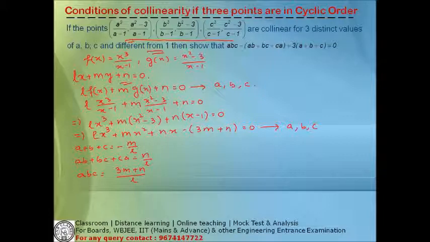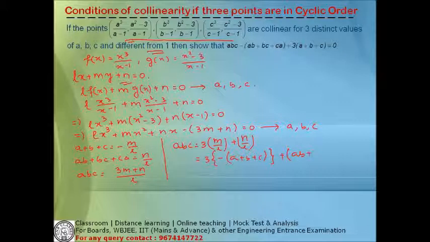Now from the last one we are getting abc is 3 times m by l plus n by l. So in place of m by l we can write minus (a plus b plus c), and in place of n by l we can write ab plus bc plus ca.